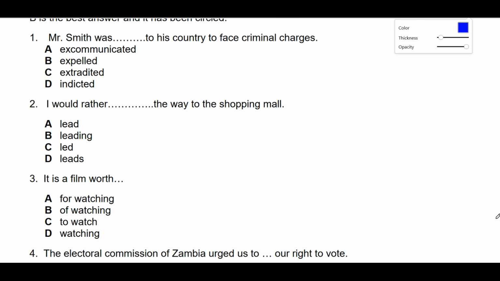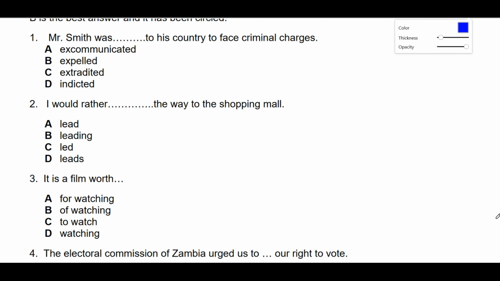Question 1. Mr. Smith was dash to his country to face criminal charges. The first one is excommunicated, which simply means to banish one from church, for example banished from participating in a given program in church. Then expelled. To expel is to force someone to leave a place or a school.